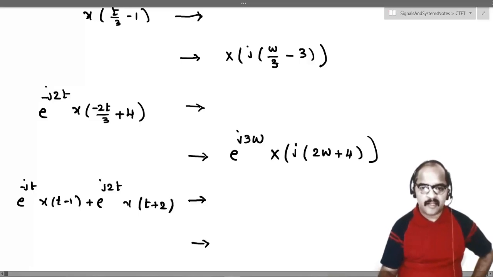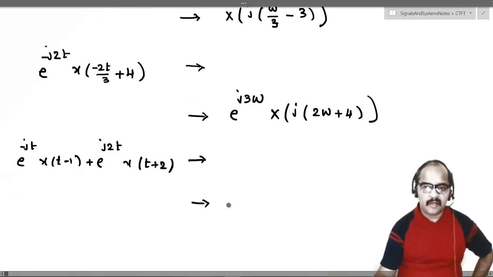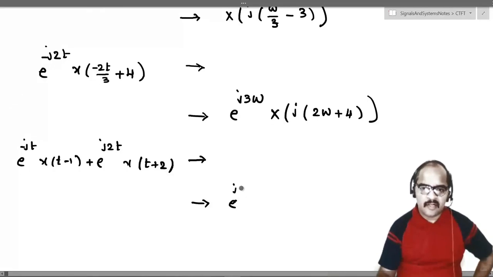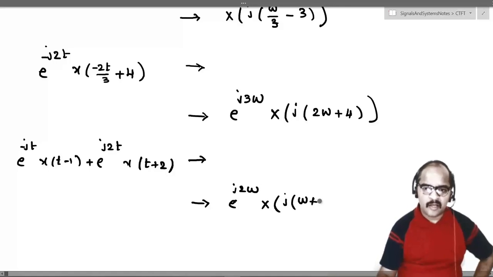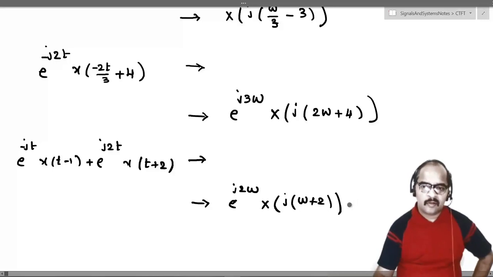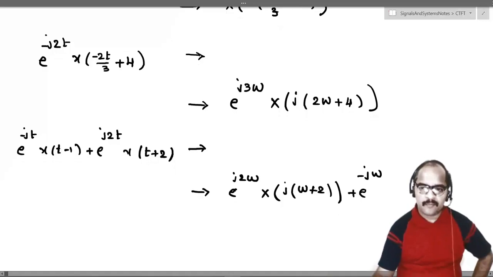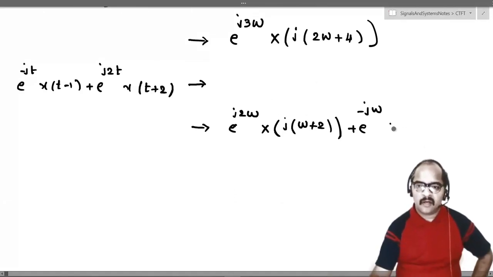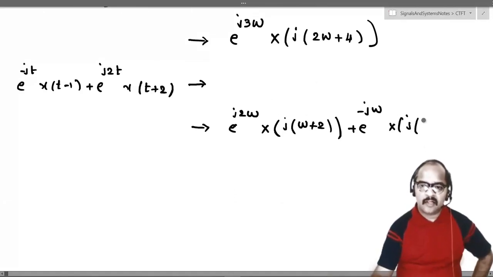And finally one more example, e power plus j 2 omega x of j omega plus 2 plus e power minus j omega x of j, let me say 2 or 3 omega minus 1.